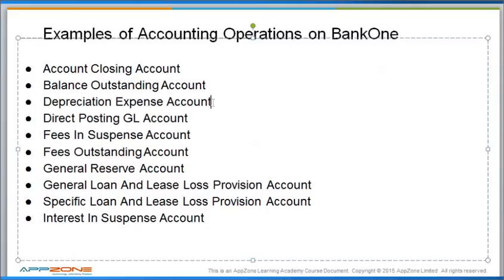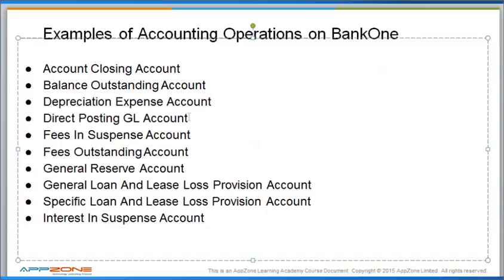So as the bank is setting aside this value in this GL called depreciation expense account, it will prevent any human error. Depreciation expense account is a type of operation that allows the bank to pre-configure a general ledger that will continuously house the depreciated value charged on a fixed asset.